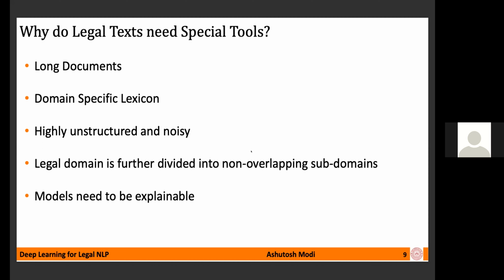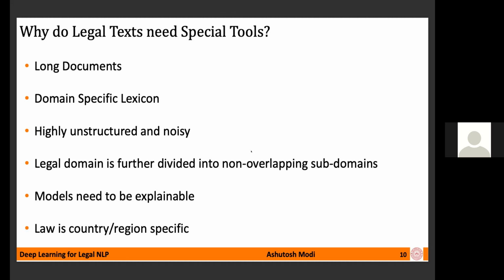The lawyers or the legal practitioners are going to be the end users of these models. So if the model is giving some prediction and it doesn't tell why, the lawyers may not trust the model, right? Sometimes some predictions might go against the intuition, but they might be valid predictions. Still, if there's no explanation, then the lawyers may not trust the system. So explainability is very important in the legal domain.